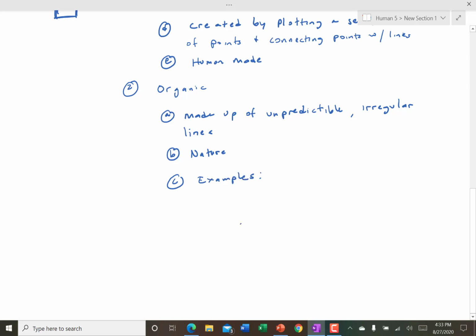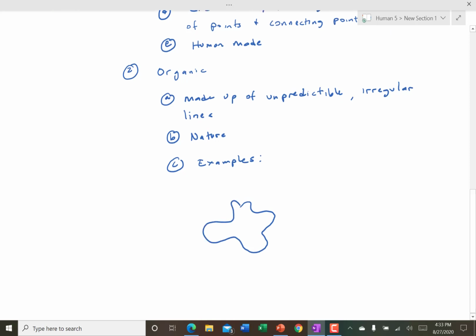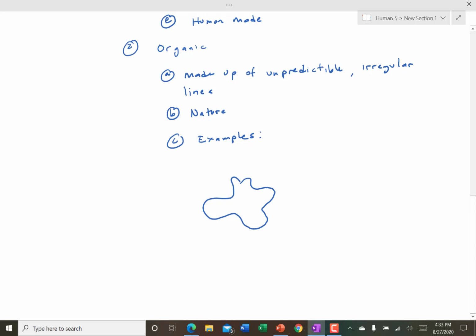You could have what would look like a paint splatter, for example, or a puddle, and also animals, trees, fruit, anything that you could think of with that is going to be organic.